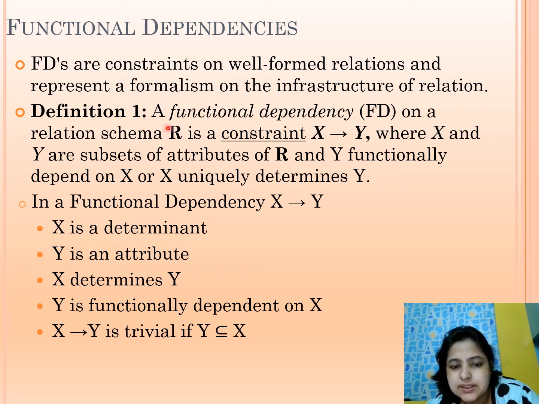See, the first definition: a functional dependency FD on a relational schema R is a constraint X to Y, where X and Y are subsets of the attributes of R and Y is functionally dependent on X, or X uniquely determines Y. That means with the help of X we can uniquely identify the value of Y. X is a determinant, Y is an attribute. X determines Y. Y is functionally dependent on X.